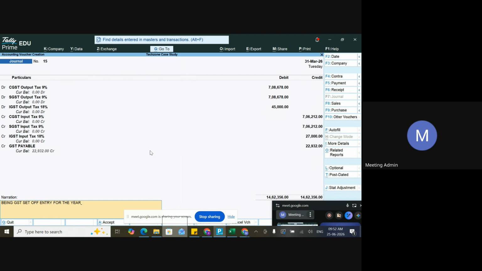Clear, guys? Please note this down. Your all current balances should be 0, 0, 0, 0, 0, and GST payable should remain 22,932. Okay, the amount may differ because I already told you what I did. Once you tell me that you wrote this entry, then I will save it.